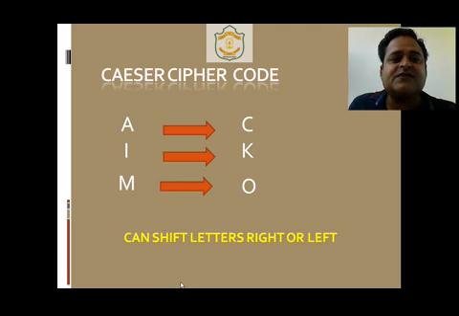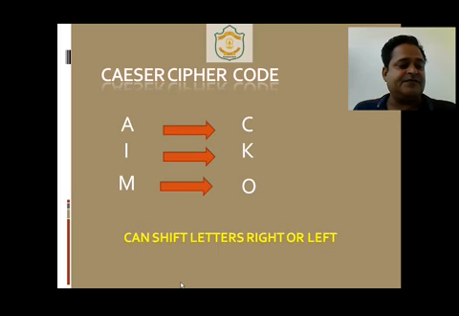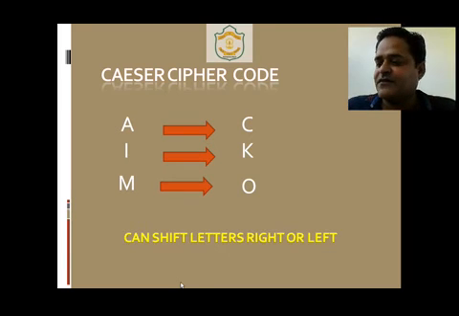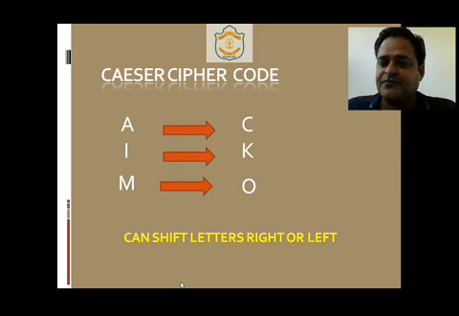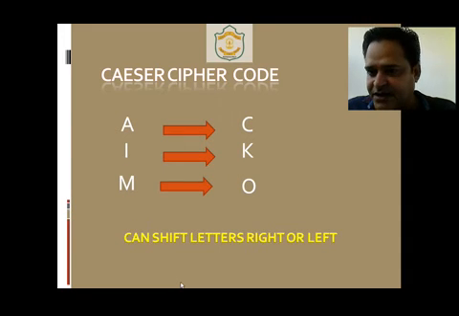Our next method is the Caesar cipher code. In this method, what we have done is skipping the alphabets. As in this example, the word is AIM. Instead of A, we have used C. That means we skipped B, the next character.